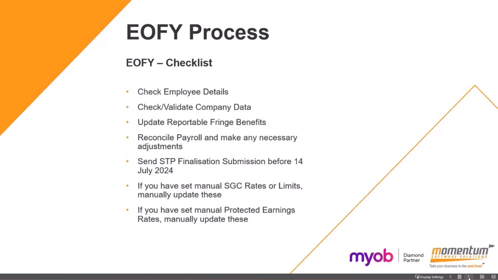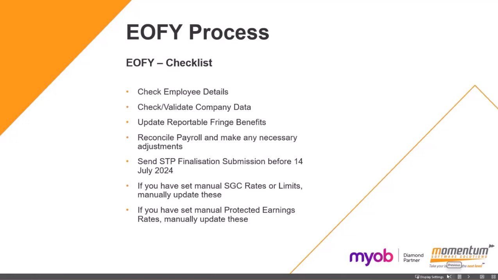This is the biggest and most crucial step in end of financial year, unless you are doing it monthly. We highly recommend reconciling payroll every month, because if you are doing it only at the end of the financial year and there are any discrepancies, then you need to go through month by month to find out where the discrepancy is.